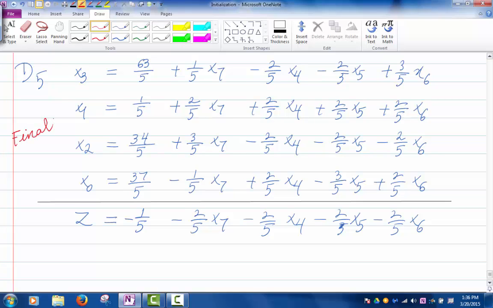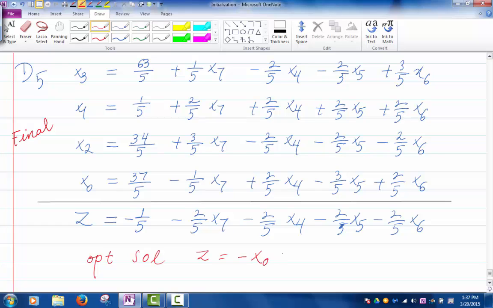Remember what we said, the auxiliary is always feasible and bounded, so it has an optimal solution. And what's the optimal solution? So remember, we were trying to maximize negative x0, right? So the objective here, z, was negative x0, right?